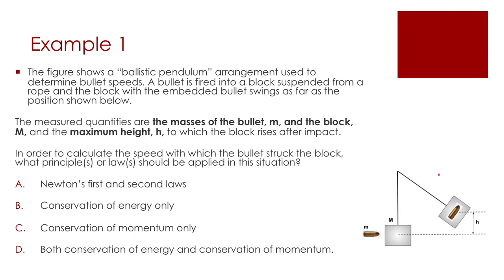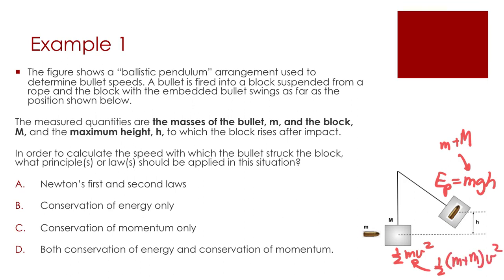When it reaches the top, it only has gravitational potential energy, mgh. And in this case, that m is going to be the mass of the bullet and the mass of the block. Where did all of that energy come from? It came from the kinetic energy that we had down here. And in this case, the amount of kinetic energy as it starts to swing will be 1/2 times (m plus M), and whatever speed it has after the collision before it goes up.